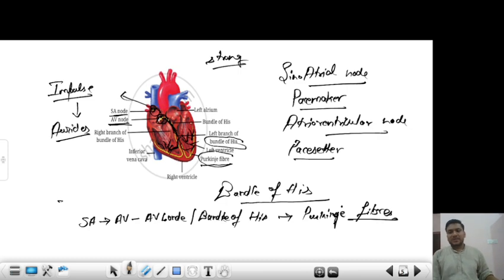The Purkinje fibers help in the transmission of the impulse to the walls of the ventricles so that they can contract strongly, because the ventricles require very strong contractions to spread the blood throughout the body, from the topmost part of the body to the toe, and you know that the difference between the heart and the toe is too much.